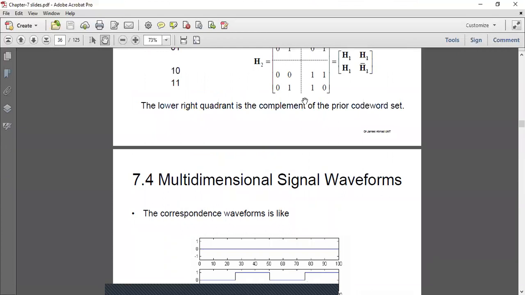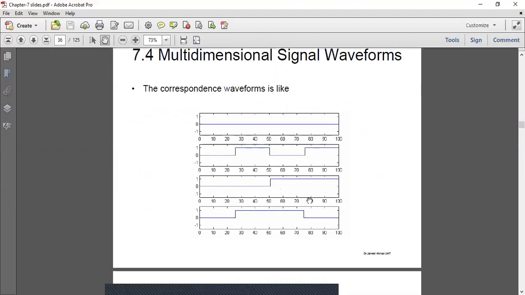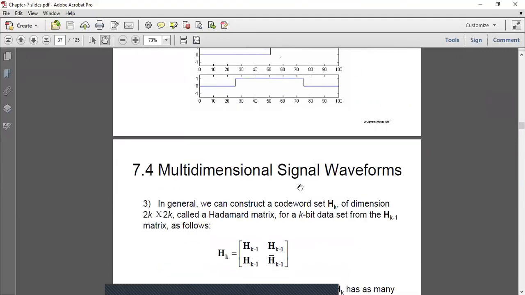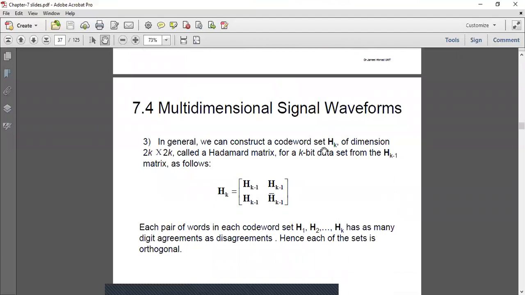So this is a very efficient way of generating multidimensional signal waveforms, and we can generate higher order Hadamard matrices as well. In general, we can construct a code word set Hk of dimension 2^k by 2^k. If we are sending 2 bits, that means we have a 4 by 4 matrix. k is the number of bits.